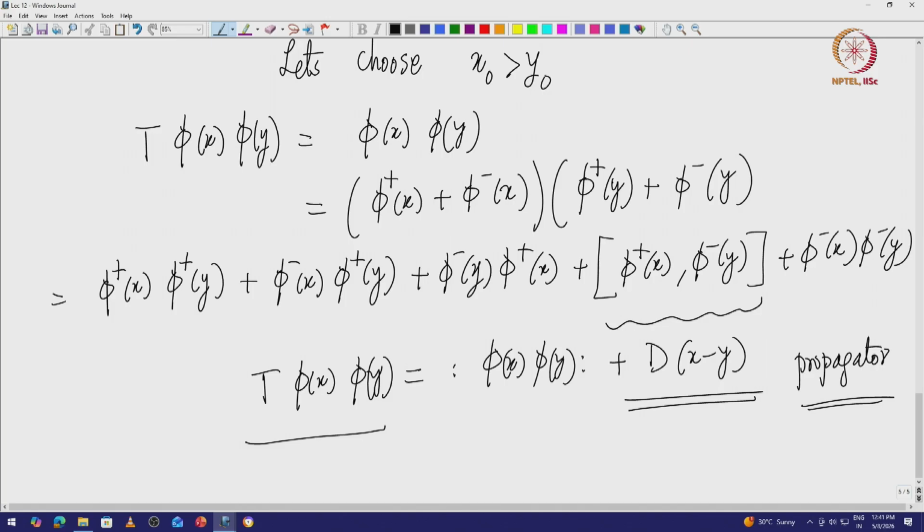So that means this is all normal ordered plus this D function, which is of x minus y. I will come to the D function in a second.